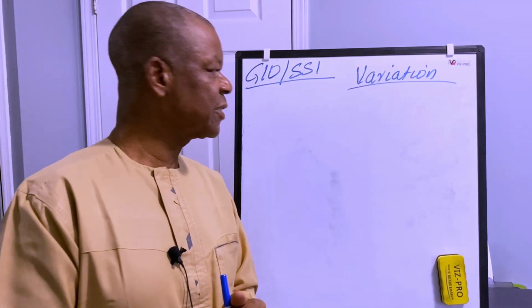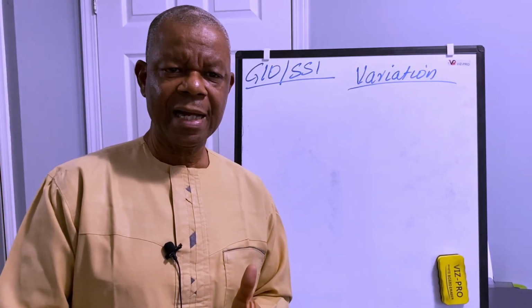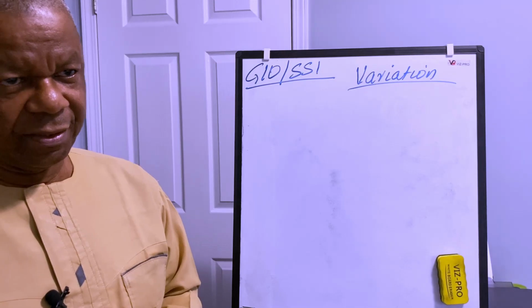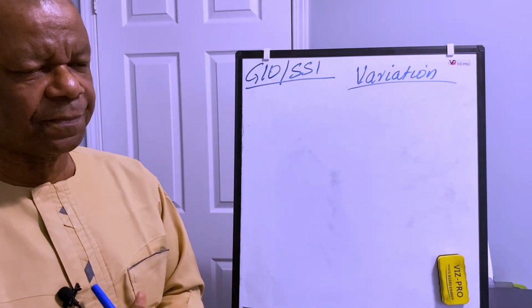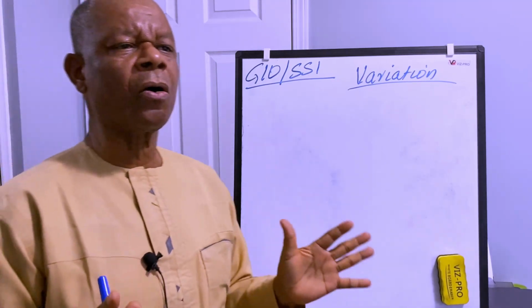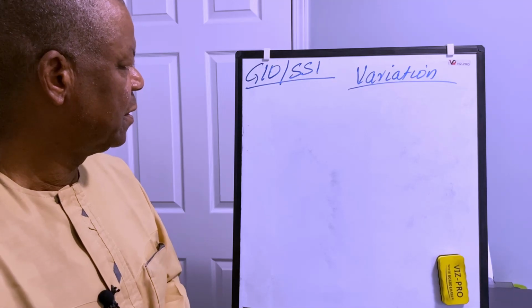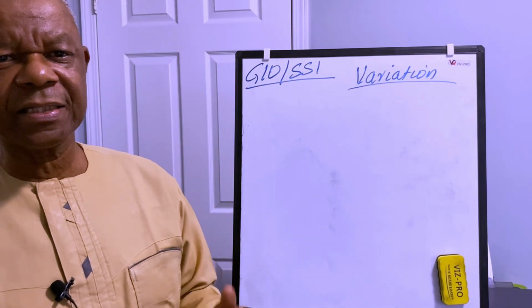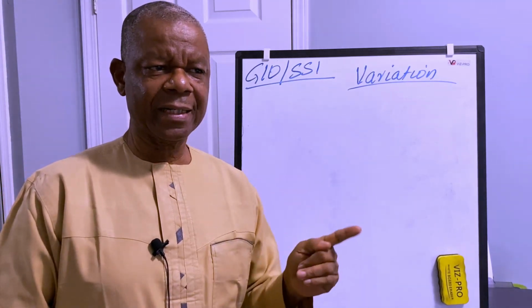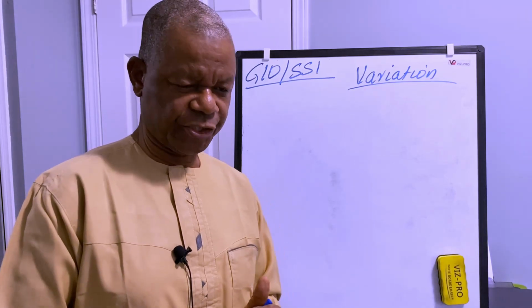Under this variation, we are going to treat direct variation and inverse variation and see the difference in these two aspects of variation. We still have two more: partial variation and joint variation. But for our grade, we just stop at these two: direct variation and inverse variation.